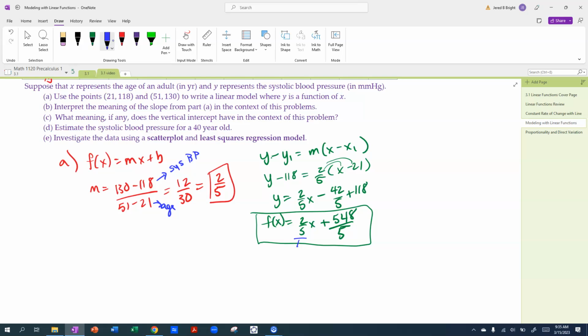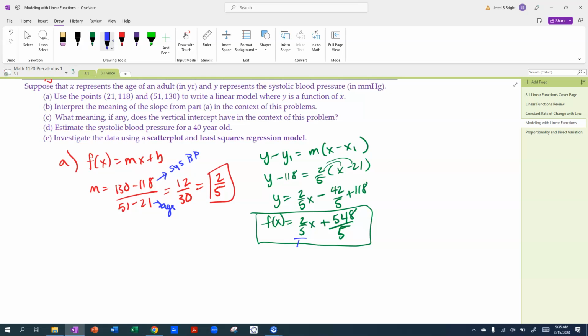Alternatively, if we increase age by 5 years, we would expect the systolic blood pressure to increase by 2 millimeters mercury. So that's two different ways of saying the same thing for the slope.